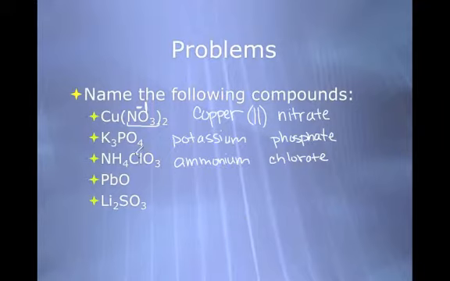Plus, if that was from a 3+ charge, let's say aluminum. So aluminum has a 3+ charge. And then let's say it was ClO3. Let's not say it's 3. Let's say it was perchlorate, sorry. That'll make more sense.